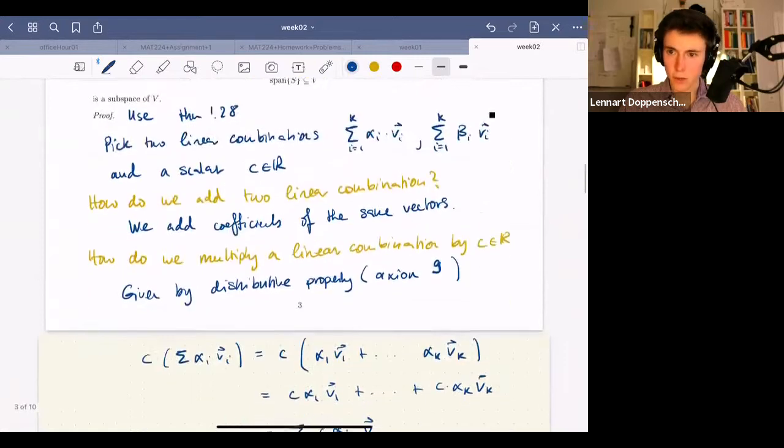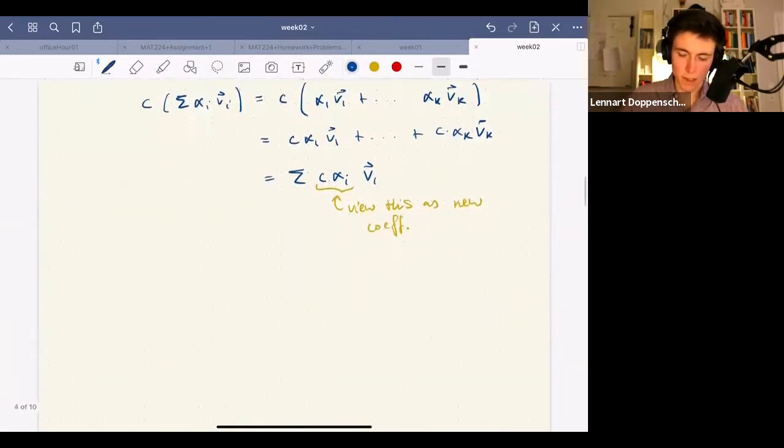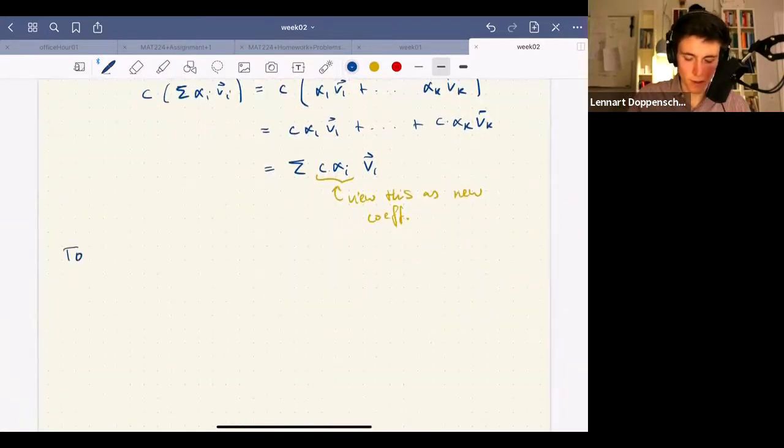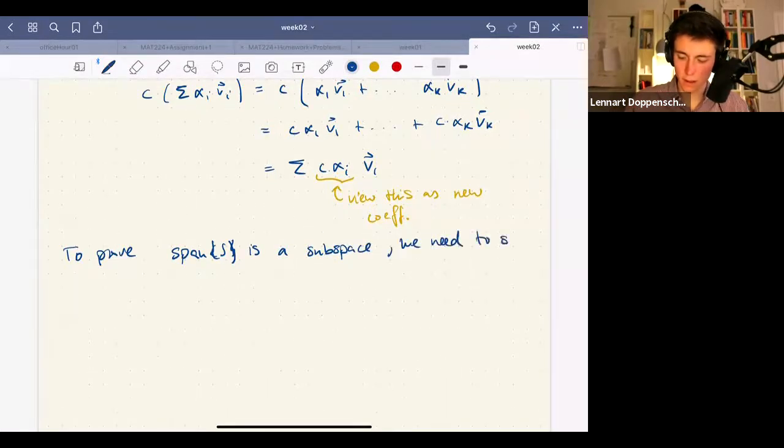Okay, so let's get to 1.28, the application of this. So to prove this is a subspace, we need to show two things. Again, the first one is span S is non-empty.